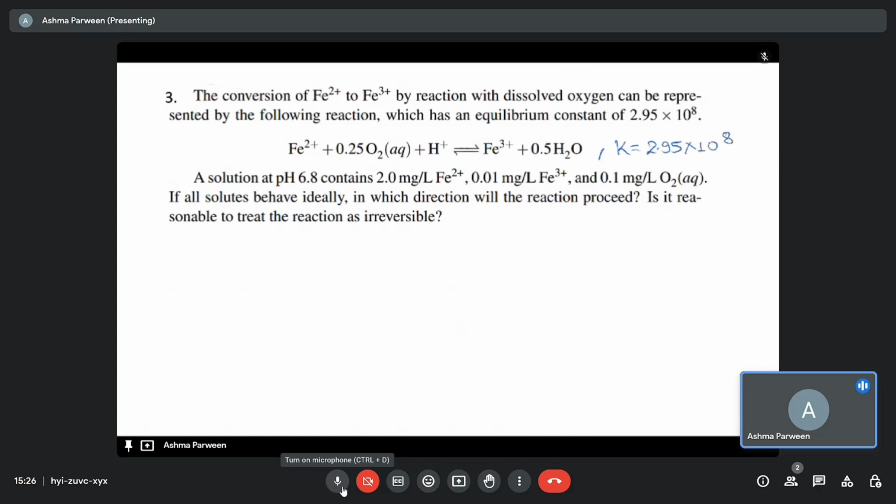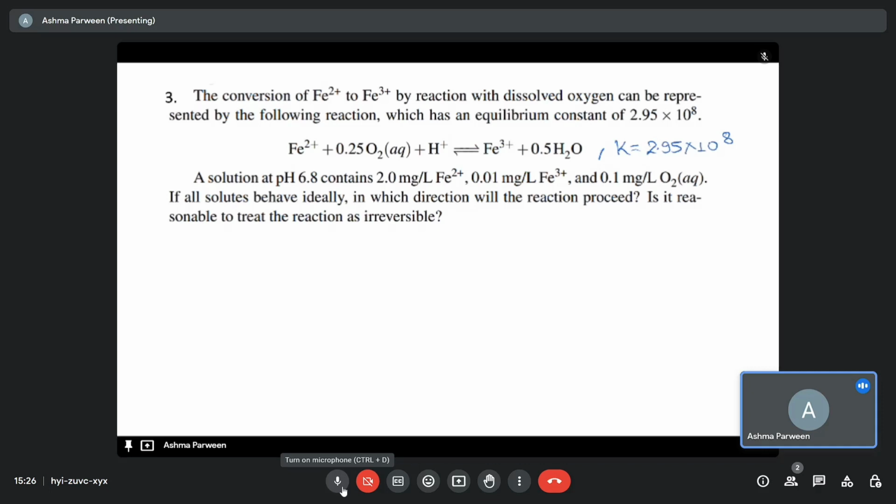A solution at pH 6.8 contains 2 milligrams per liter of Fe2+, 0.01 milligrams per liter of Fe3+, and 0.1 milligrams per liter of aqueous oxygen. If all the solutes behave ideally, in which direction will the reaction proceed? Is it reasonable to treat the reaction as irreversible? So we have to find out whether the reaction will proceed in the forward or backward direction, and whether the reaction can be treated as irreversible or not.